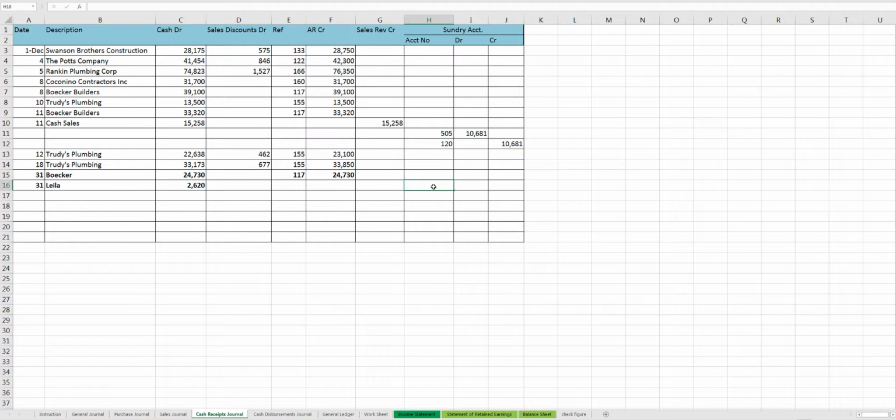But we're going to use other accounts, the sundry account. So as we said, we're going to debit a loss. We're going to debit the accumulated depreciation, the full amount. And we're going to credit the cost of this truck lift account, the original cost. Okay, so we finished this journal entry.